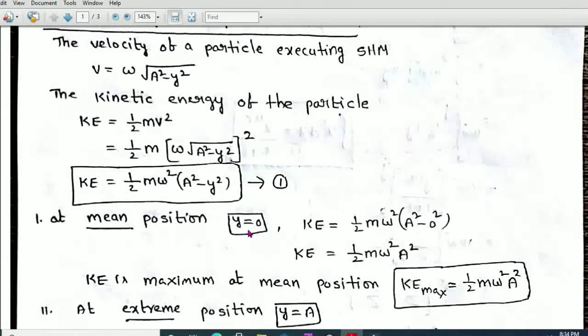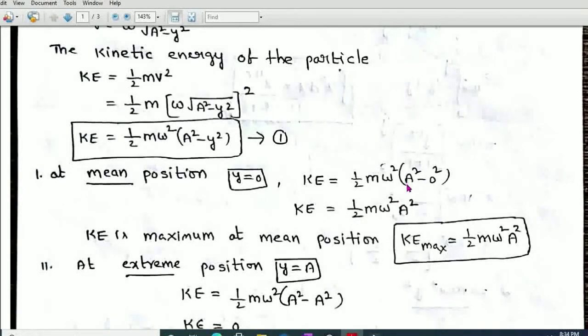If you substitute y = 0 in the first equation, the kinetic energy is ½mω²(A² − 0²), which is ½mω²A². So the kinetic energy is maximum at the mean position.